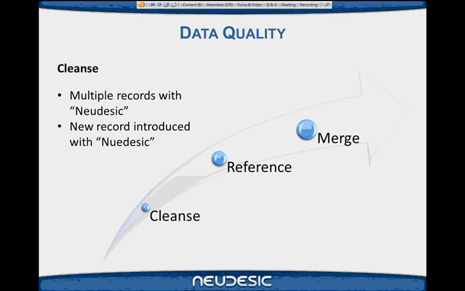As new records are introduced, maybe there's one that came through with the misspelling, Nuedesic. That would actually be caught in the process using the cleansing engine and essentially using natural language learning algorithms for pattern matching. So it understands what's in a field and starts to cleanse that data.